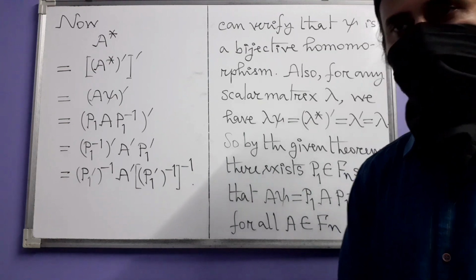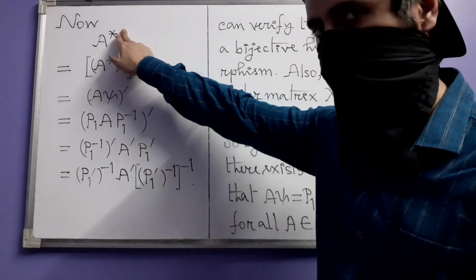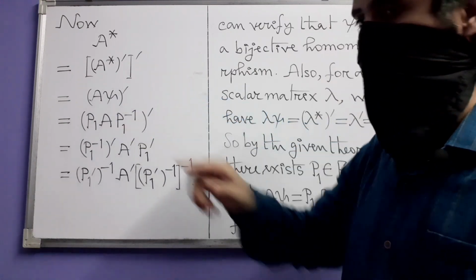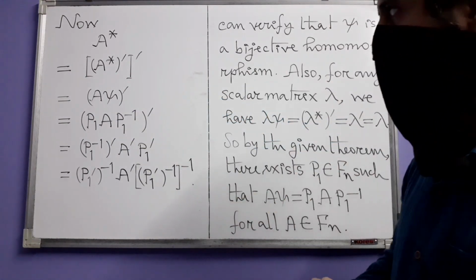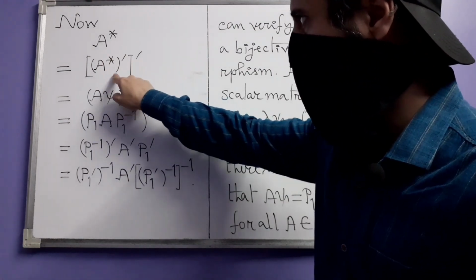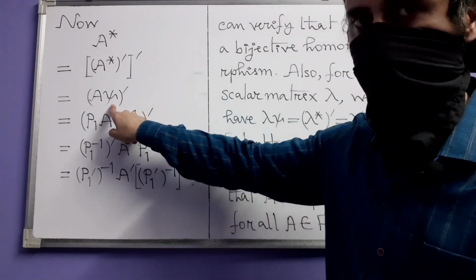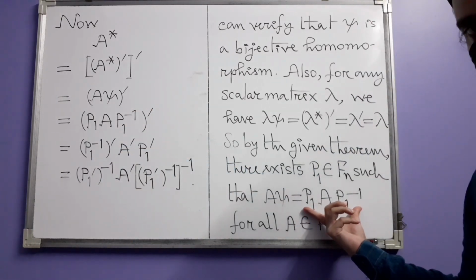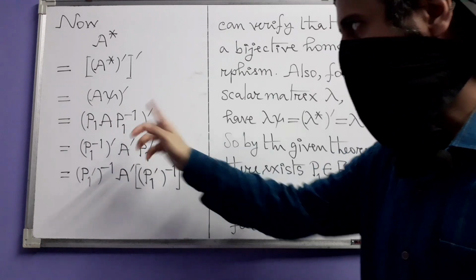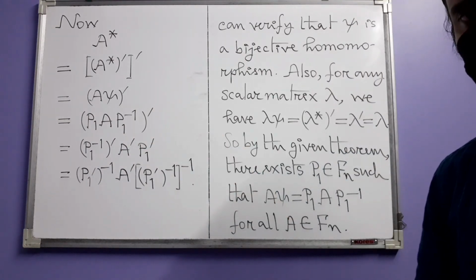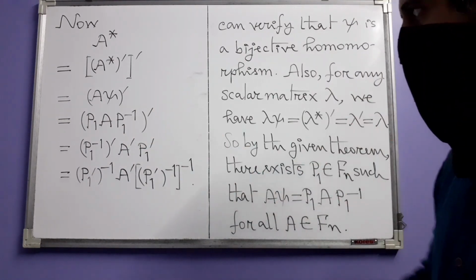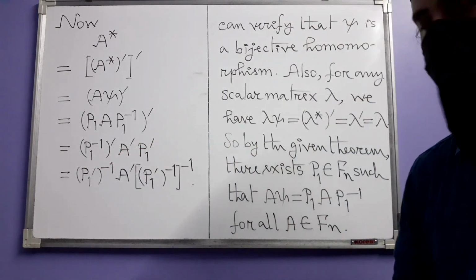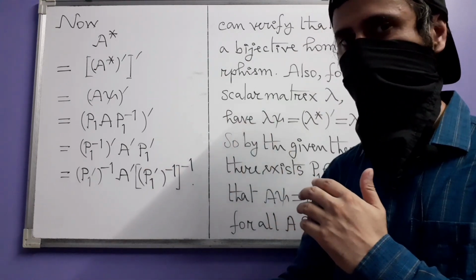Now next we calculate A adjoint, A star. In its place we can write this because we know that the transpose of the transpose of a matrix is the matrix itself. Now this thing inside the square brackets is A psi. So A psi transpose. And by what we have found just now, in place of A psi we can put P1 A P1 inverse. So the transpose of that. Now if we take transpose of each matrix here, then the order gets flipped.